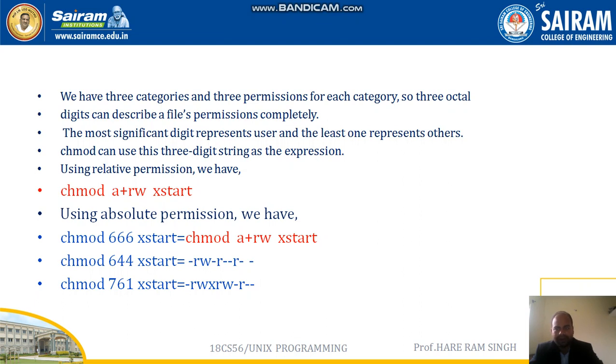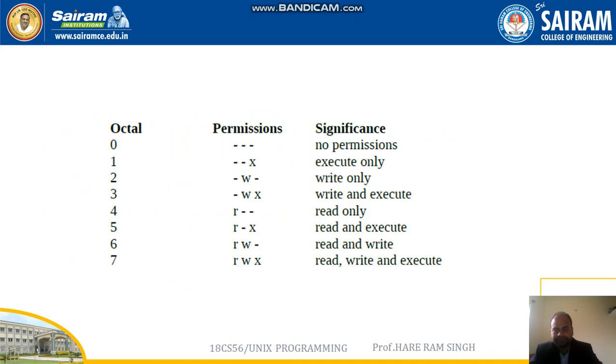Maximum value is 7. The most significant digit represents user, and the least one represents others. The leftmost digit represents the owner of the file, that is user, and the rightmost digit represents others.